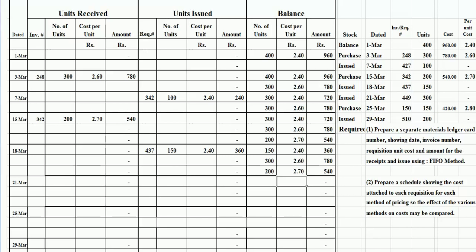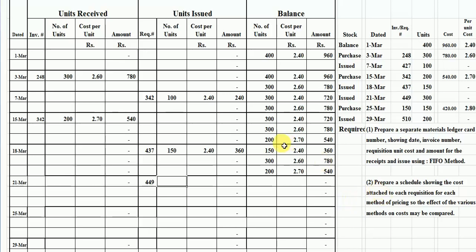Now students, on 21st March, again a material issue. The requisition number is 449. The material issued is 300 units, but in our first purchase only 150 units are available.